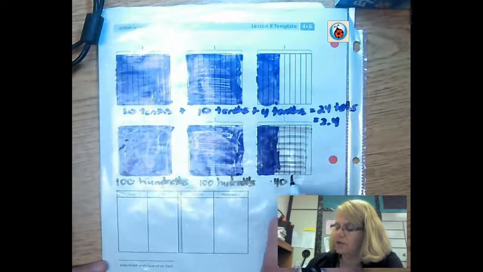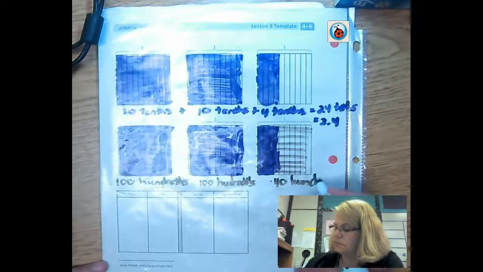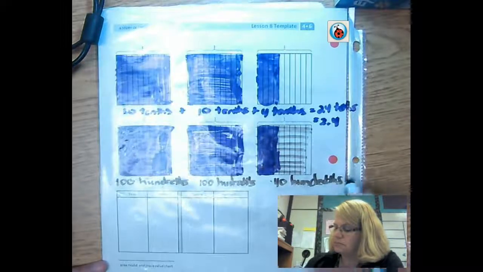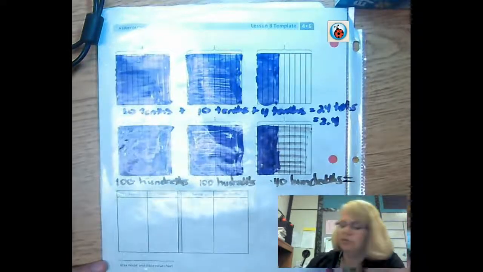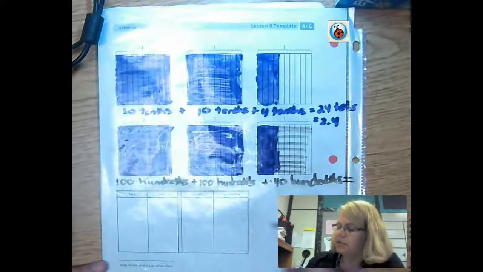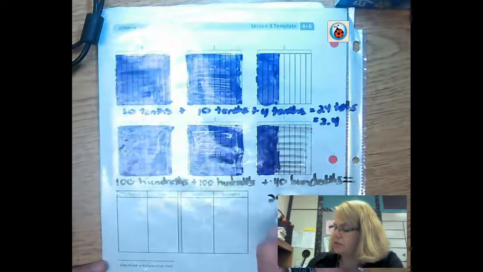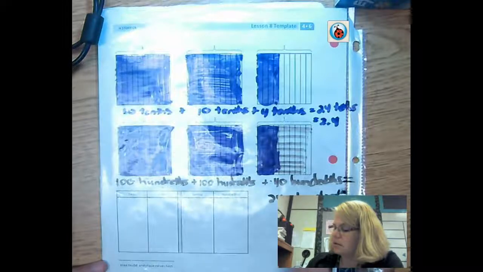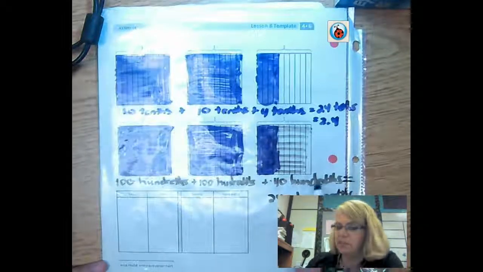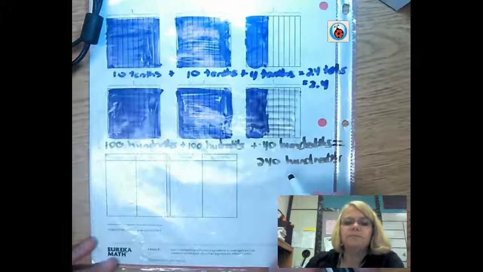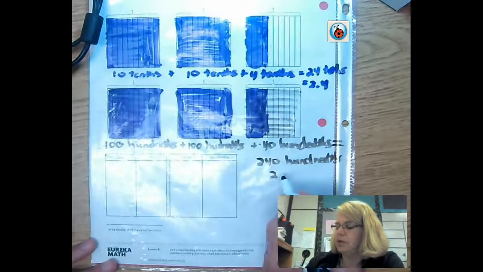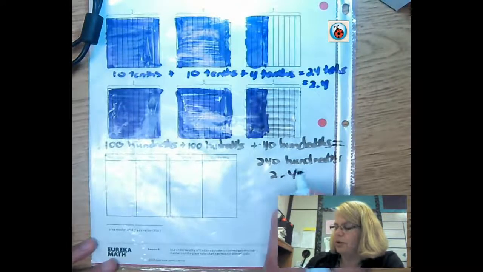Right, we have 40 hundredths. And that equals, if we add these together, it equals what? 100, 200, and 40 hundredths. And how do I write that as a decimal? Right, we write 2.40.